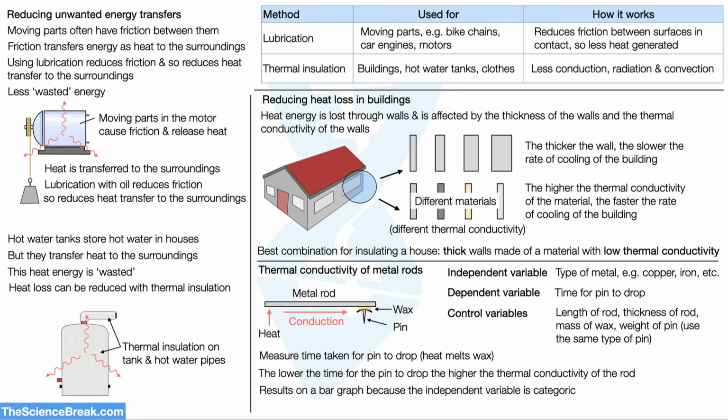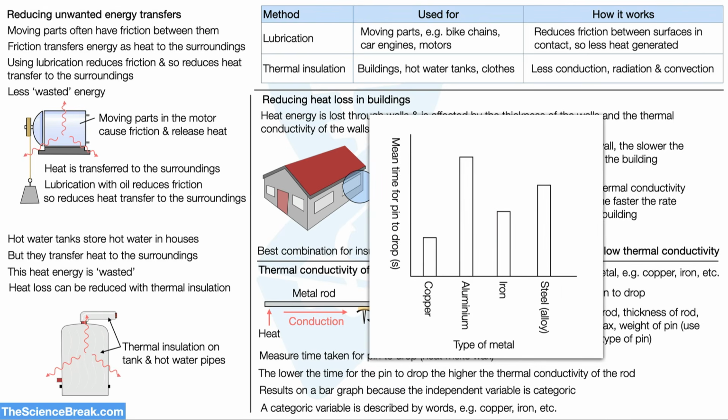Results will be on a bar graph because the independent variable is categoric. A categoric variable is described by words, for example, copper, iron, and so on. Another thing to mention is that we would repeat each metal experiment 3 times and take a mean. The bar graph would look a bit like this: the type of metal on the x-axis along the bottom and the mean time for the pin to drop on the y-axis.